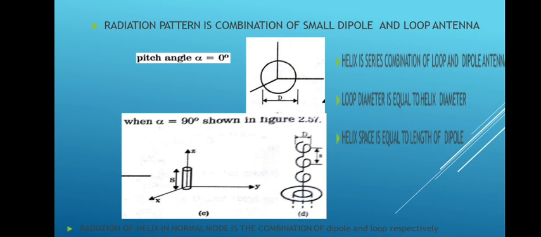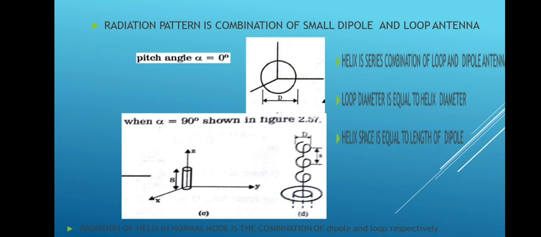Here, if we come to the pitch angle equal to 0, alpha equal to 0, what has happened actually? Alpha is equal to tan inverse of S by C, so tan alpha equals S by C. When alpha equals 0 degrees, tan 0 equals 0.